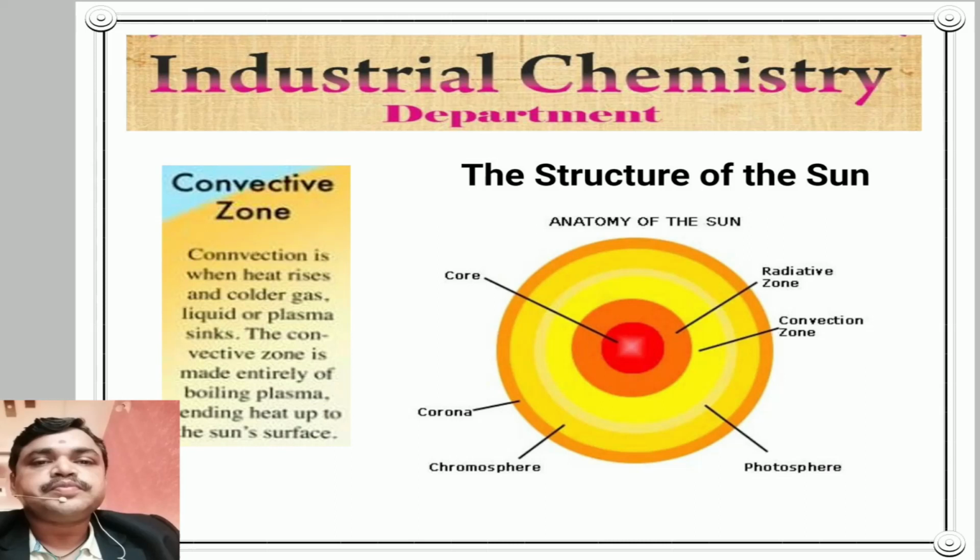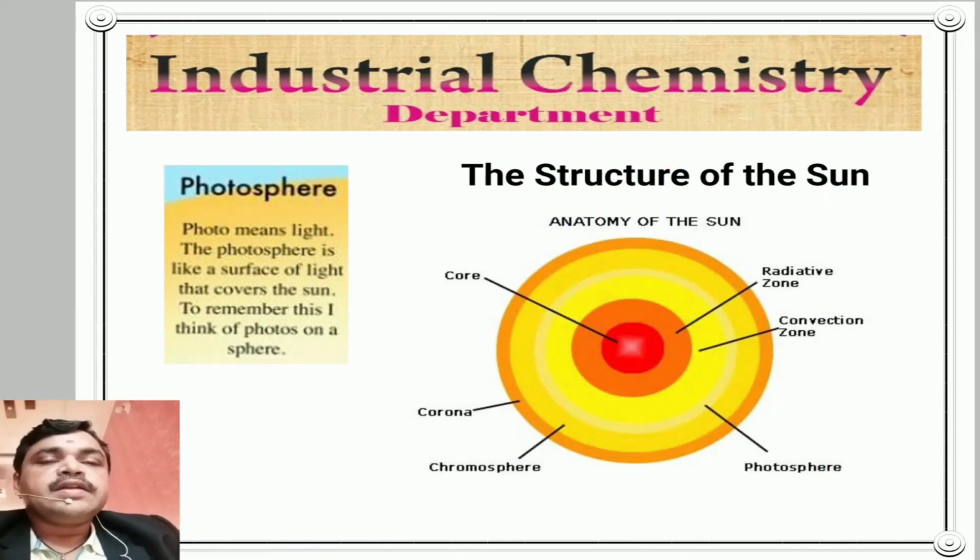According to some theories, the temperature of the core part is 1.5 crore Kelvin. So at this temperature, most of the matter in the core part is in the form of plasma.